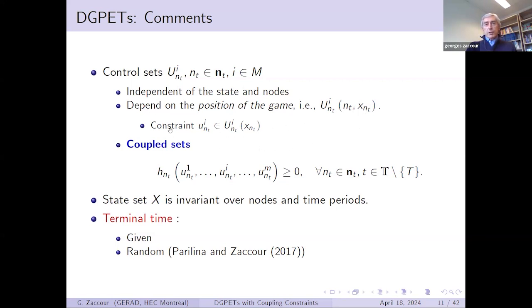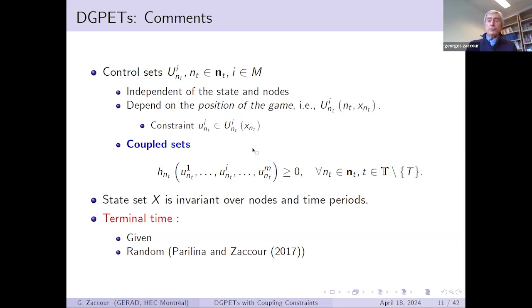In this case, you will have a constraint saying that u^i(nt), the decision taken by player i at this particular node, must belong to this feasibility set, and this feasibility set depends on the node, on the state where we are.